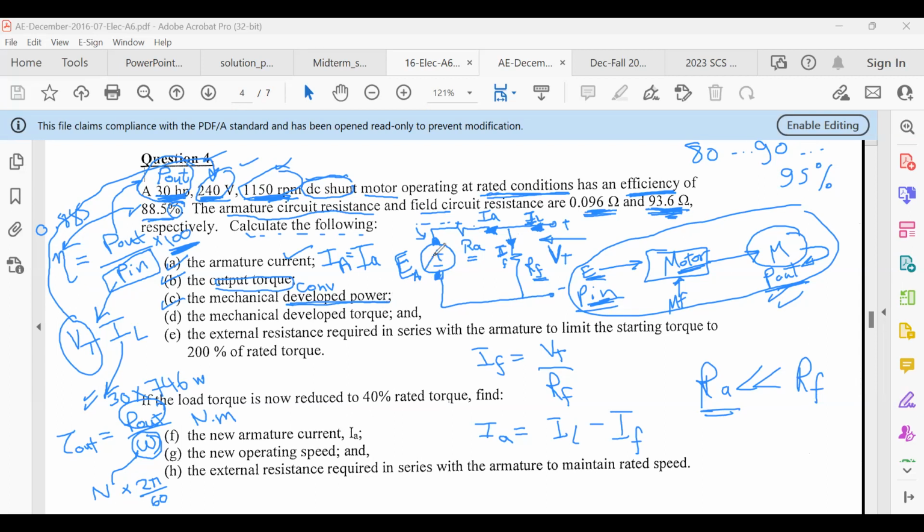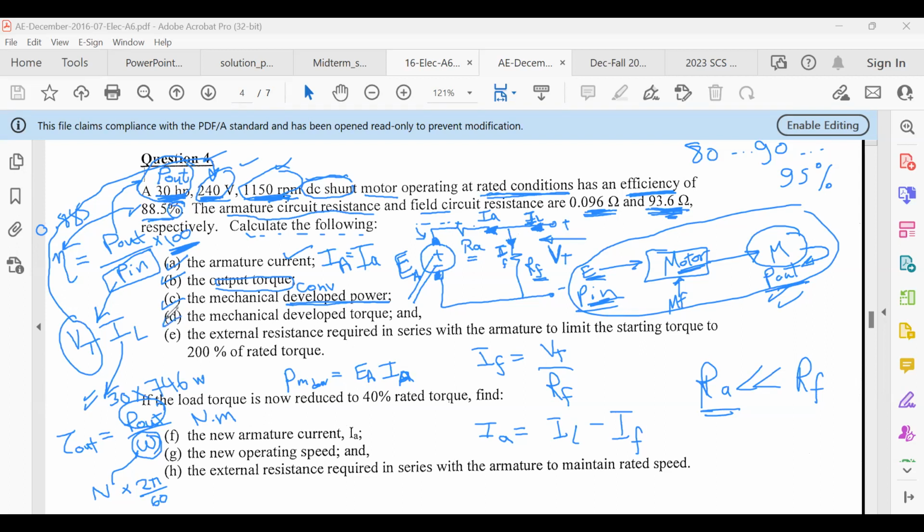But still you have some losses. So the P mechanical developed equals EA times IA, or IA capital or small, it doesn't matter. It's the armature.